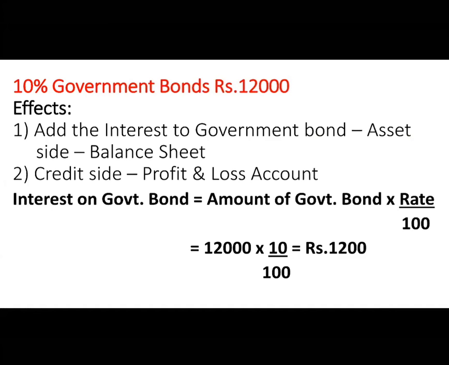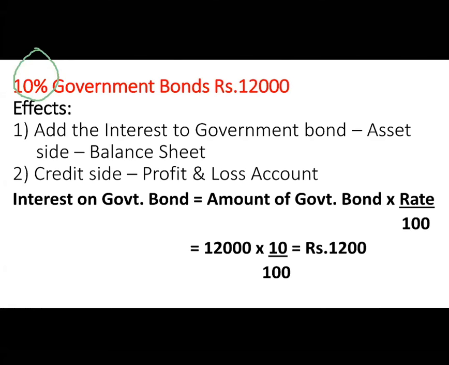Again the same: interest on government bond equals amount of government bond into rate upon 100. Now here the date is not given कि कब investment किया है, so there is no need to mention any date. Directly you are going to calculate 12,000 पे 10%, which will be 1,200. So interest on government bond will be rupees 1,200.